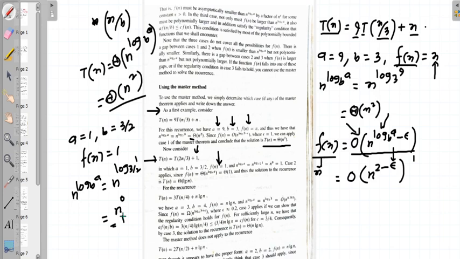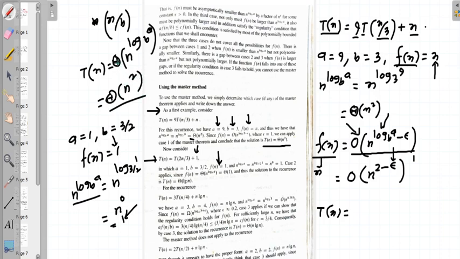So which case will be applied, case 1 or case 2? If f(n) is 1 and n power log a base b is also 1, it is equaling. So in that case, what will be the solution? T(n) will be equal to theta n log n.